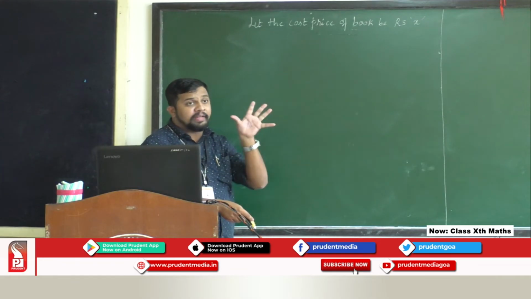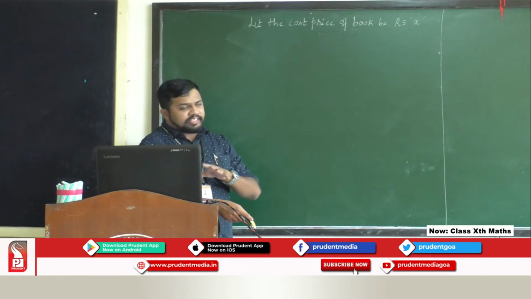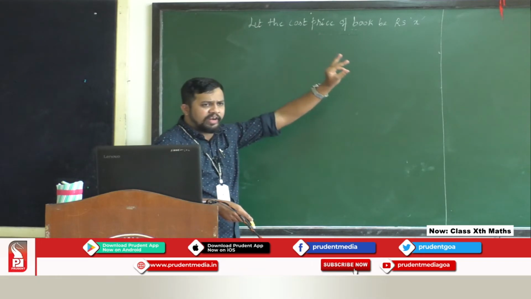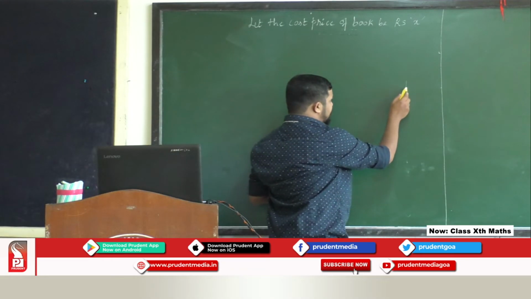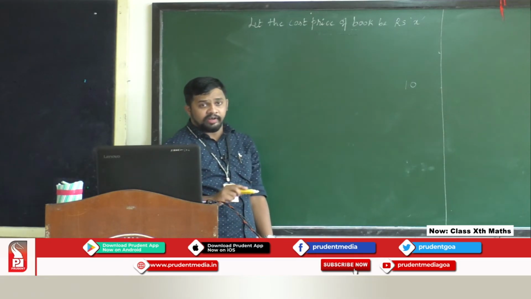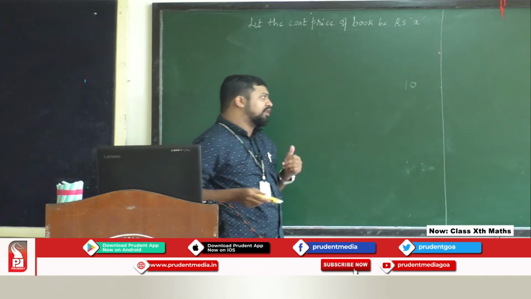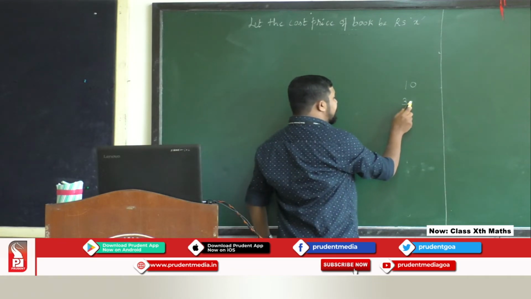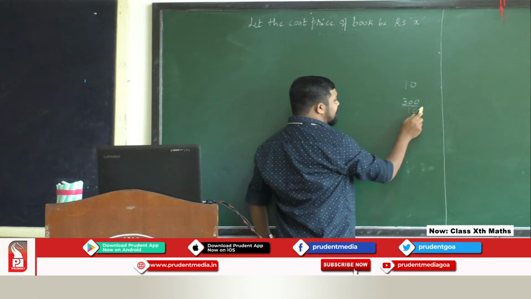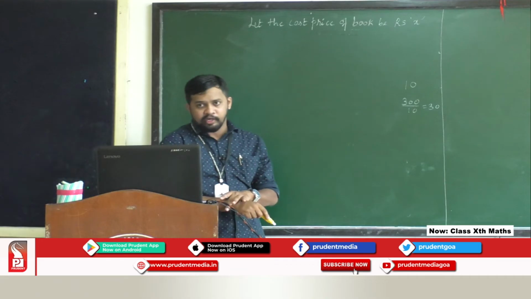That means he or she has 300 rupees. Now let us say the price of a book is, for example, 10 rupees, and you have a total of 300. For 300, how many books can you buy? You will divide 300 by 10, and you will get 30 books. Means I can buy 30 books.